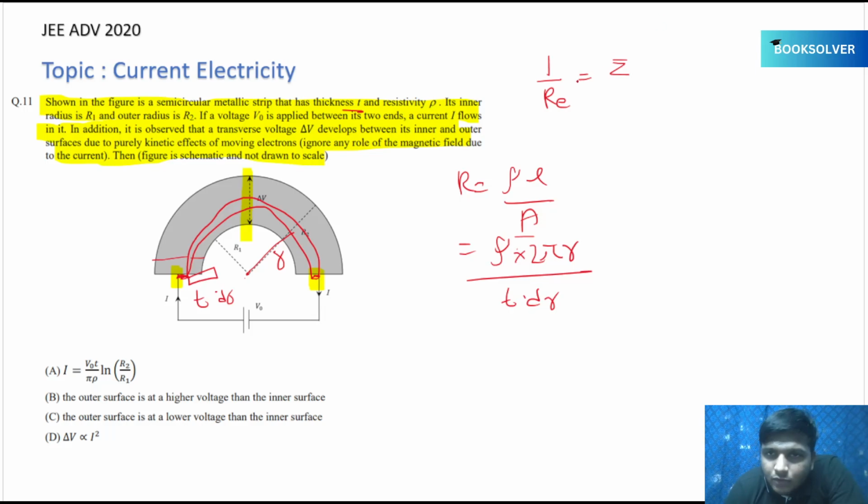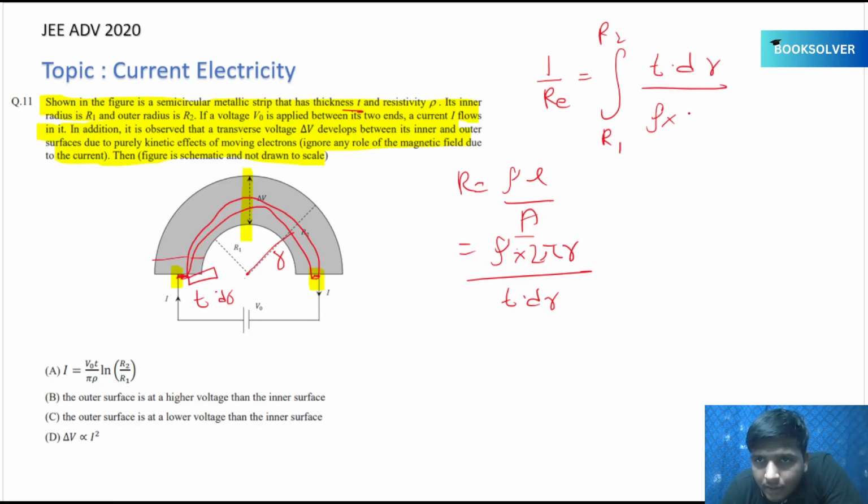Now this is r. So to get R equivalent here, we integrate over the complete radius from R1 to R2, T dot dr by rho into pi r.